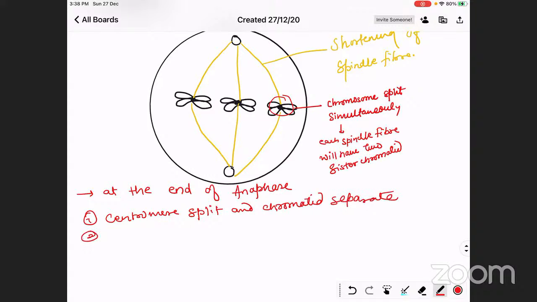Second thing, chromatids move to the opposite pole.